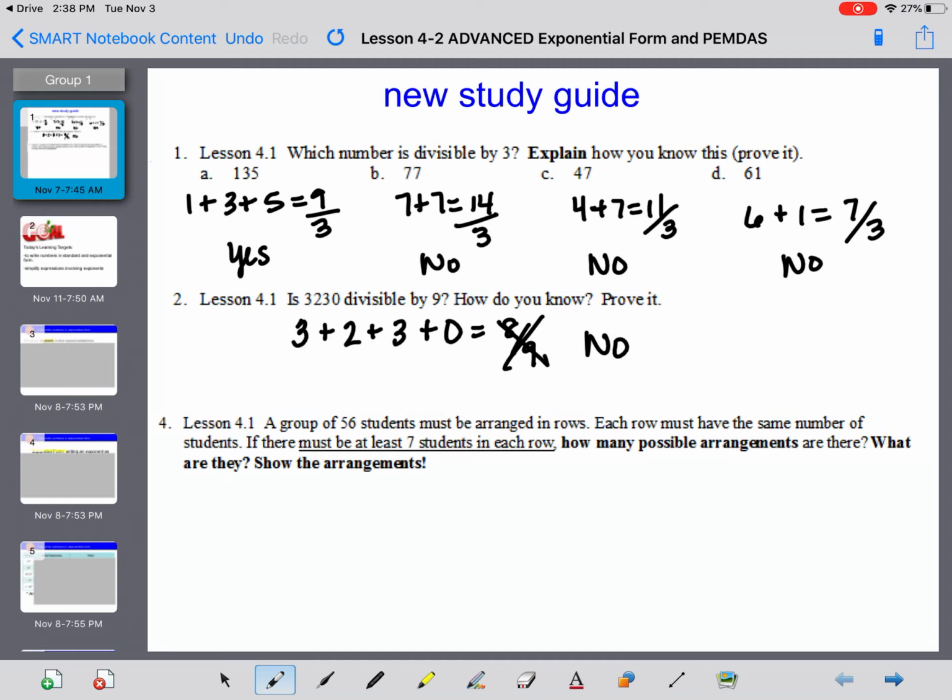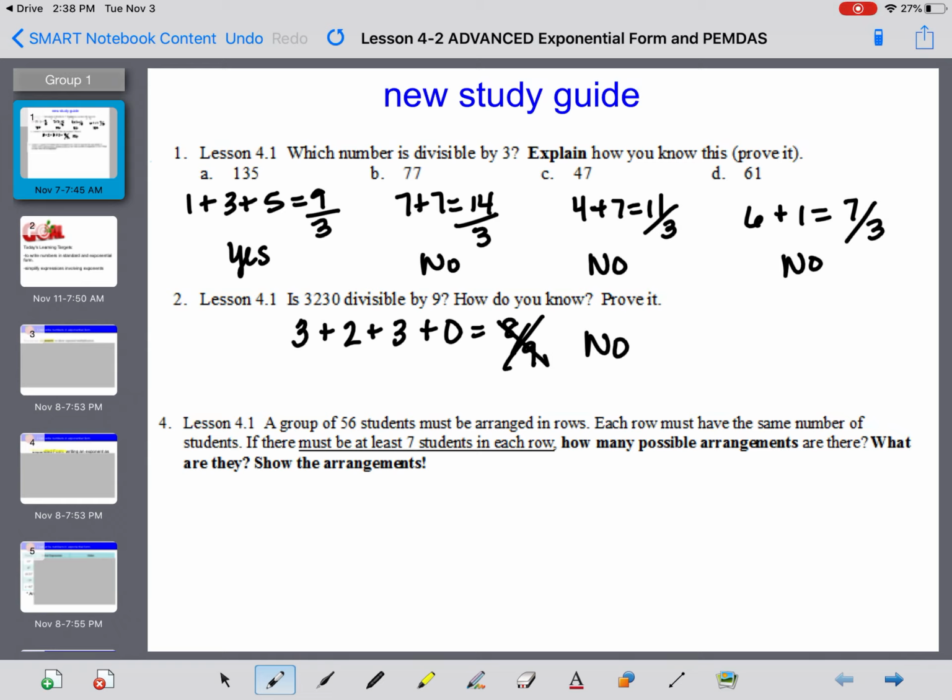The next one. A group of 56 students must be arranged in rows. Each row must have the same number of students. If there must be at least 7 students in each row, how many possible arrangements are there, and what are they? Show the arrangements.